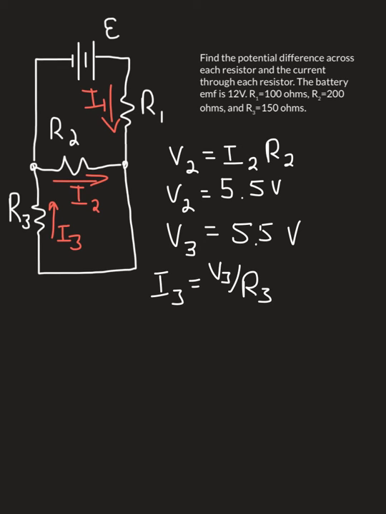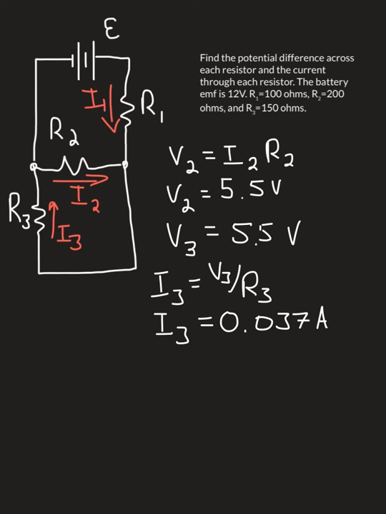From Ohm's law, we know that the current through resistor 3 equals the potential difference across resistor 3 divided by its resistance, 150 ohms. Put in the values and solve for the current through resistor 3. The current through resistor 3 turns out to be 0.037 amps. That's rounded to 2 significant figures.